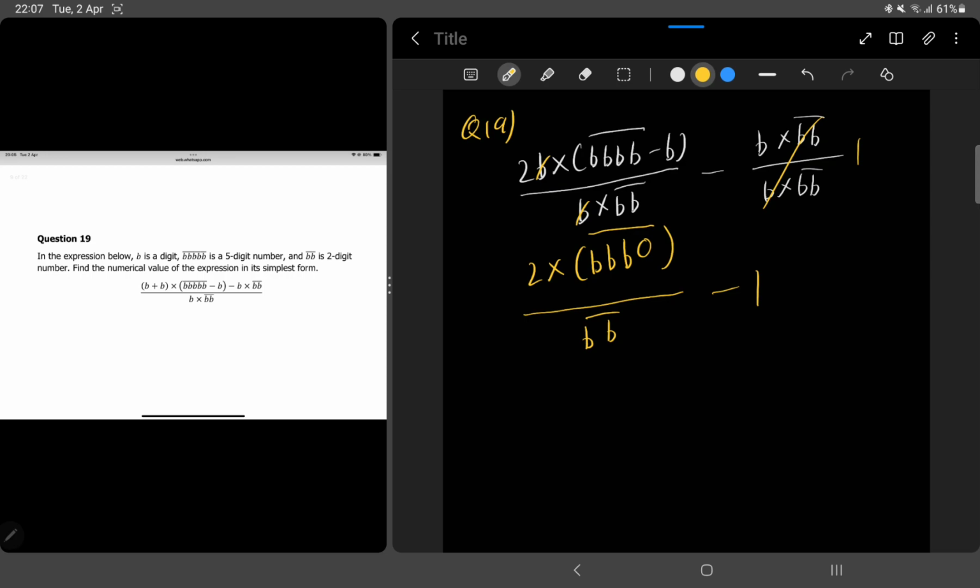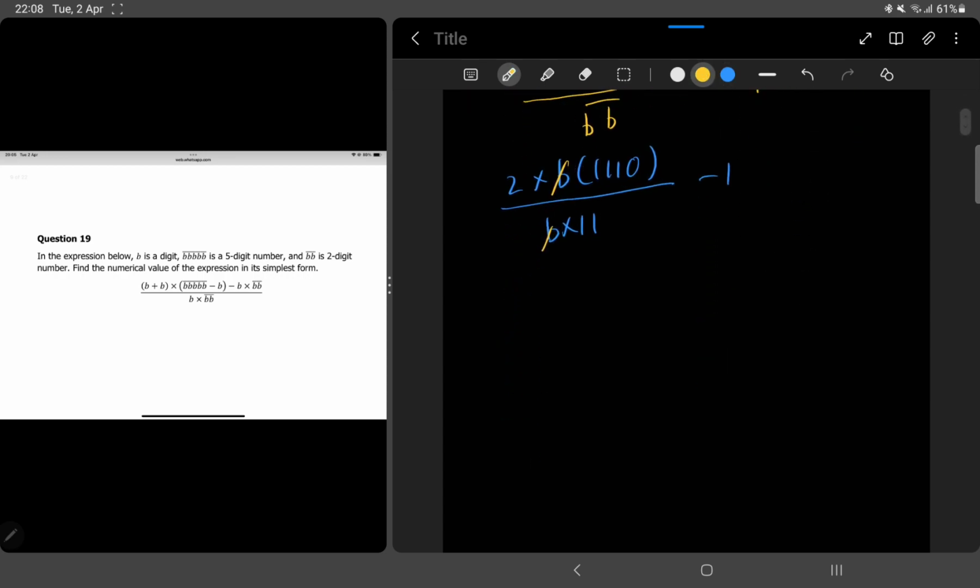Now, what I'm going to do is factorize b out of both of these. So if I factorize out b, this is just going to be 2 times b times 1110 over b times 11 minus 1. So the b and the b cancel out.